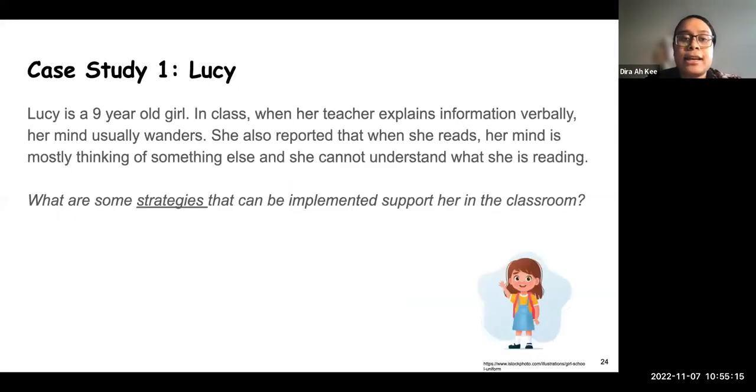Let's now take a look at a case study. Lucy is a 9-year-old girl. In class, when her teacher explains information verbally, her mind wanders. She also reported that when she reads, her mind is thinking of something else. What are some strategies that can be implemented to support her learning in the classroom?